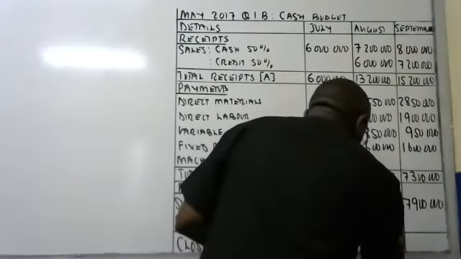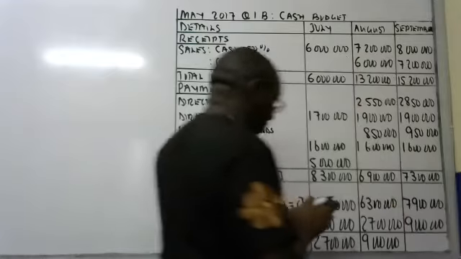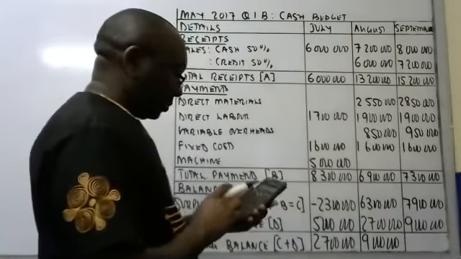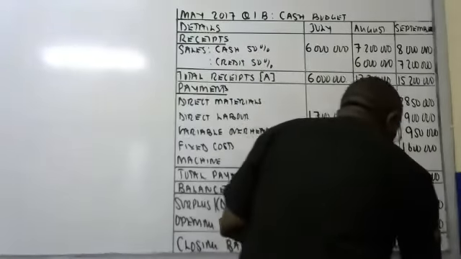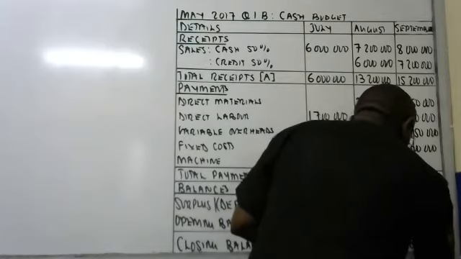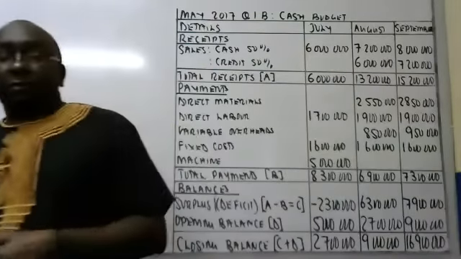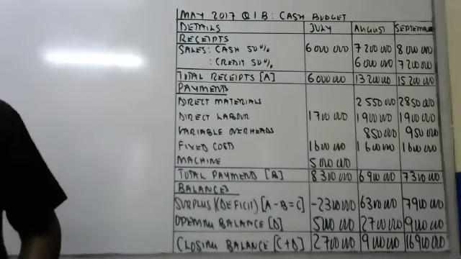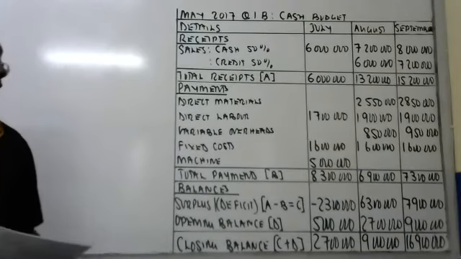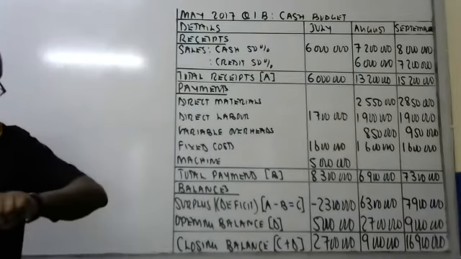So this is 9 million. Then 9 million. You have 16,900,000.